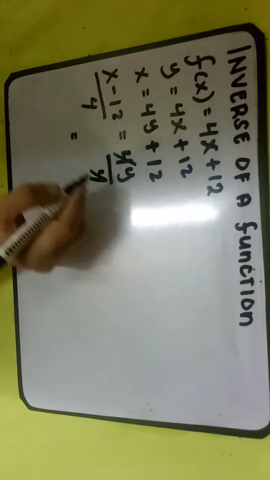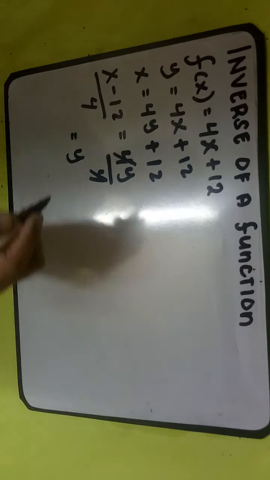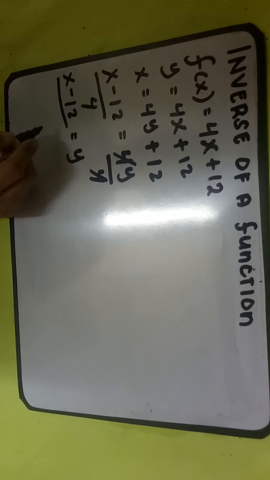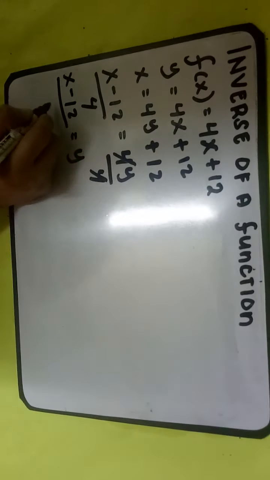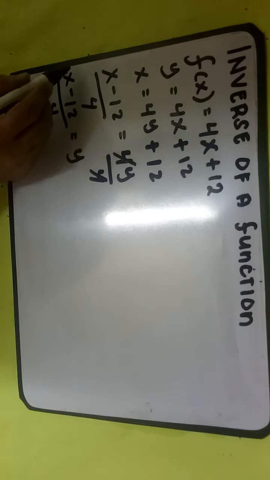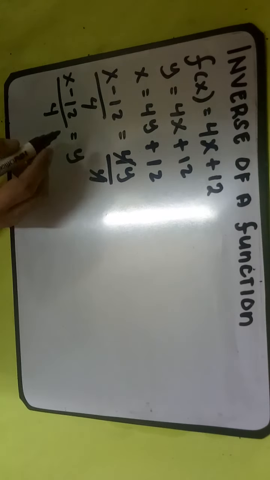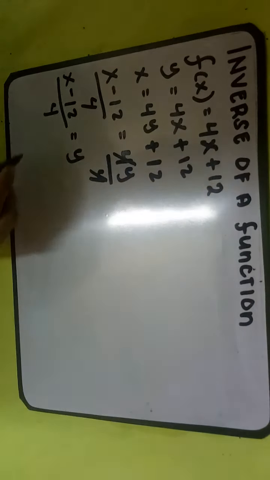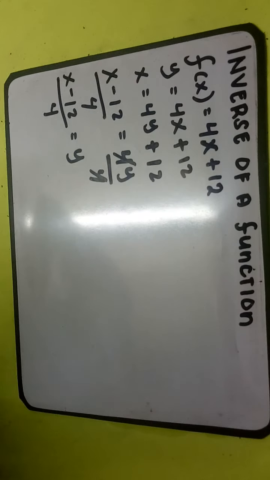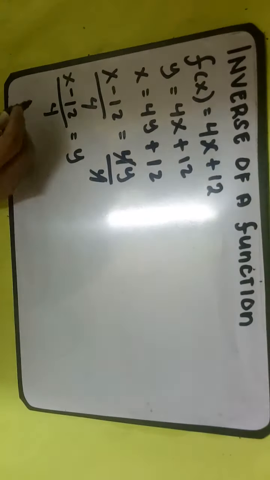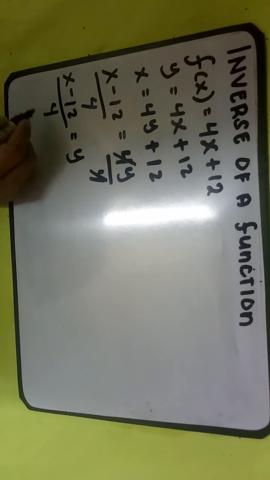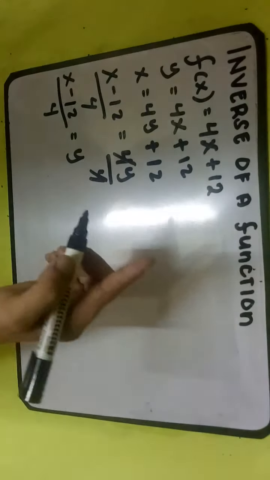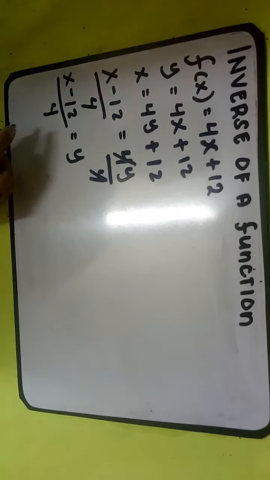So, makakancel na si 4. Matitira na lang ay si y. And then, for the left-hand side, we cancel x minus 12. We just write x minus 12 all over 4. So, after this, pwede nating paghiwalay yung two terms ng numerator, but they have still the same denominator.